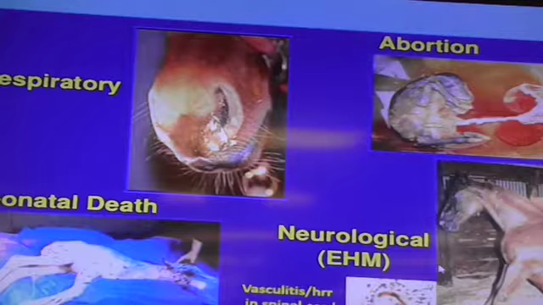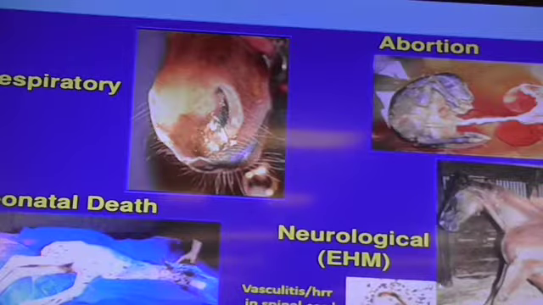Okay, this is a very important disease. It causes a number of pathologies. It causes respiratory infection, abortion, neonatal death, and neurological symptoms. The neurological symptoms are pretty characteristic of this disease among other diseases in equine that cause neurological symptoms.